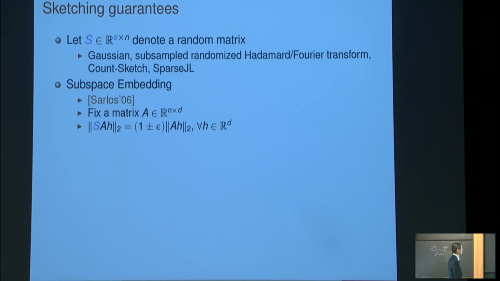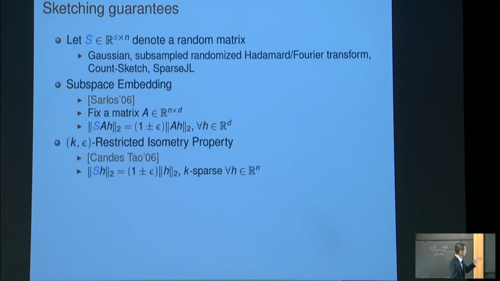Sarlos defines this thing, and he also uses sketching to solve the regression problem before David and Ken Clarkson, but his algorithm is slower and not input sparsity. David and Ken Clarkson make it optimal. And there is also a similar property called RIP, proposed by Candes and Tao, and they are only for k-sparse vectors.